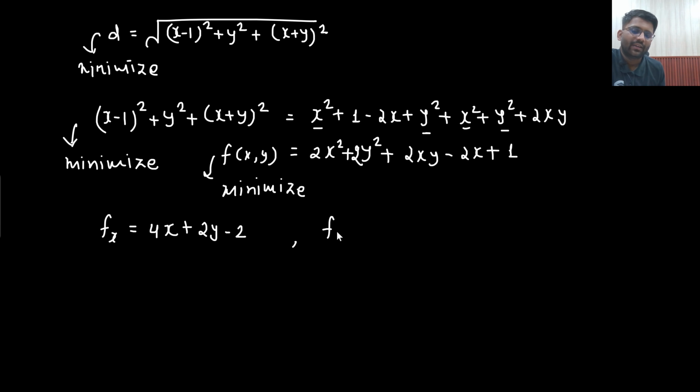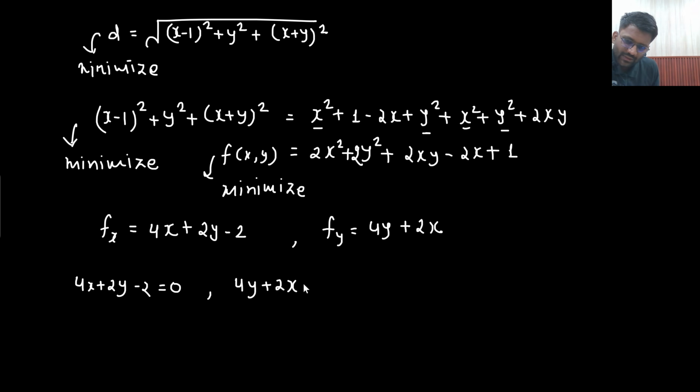And what will be your fy? fy will be directly 4y plus 2x, that's it, right? So put 4x plus 2y minus 2 equals 0, and 4y plus 2x equals 0.